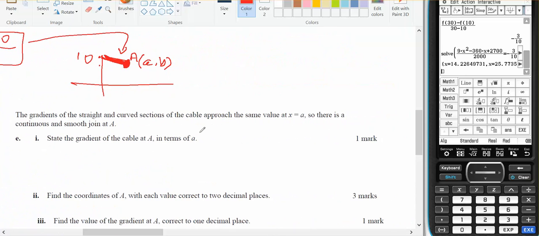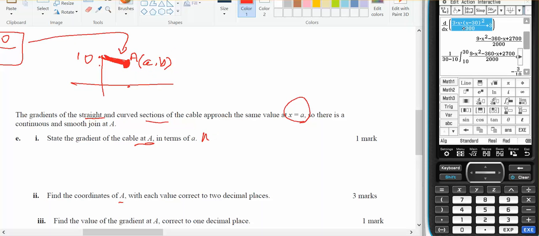And the gradients of the straight and the curve section approach the same value at x equals A. So it's a continuous smooth joint at A. Find the gradient of the cable at A, find the coordinates of point A, and find the gradient at A. Oh, so that's in terms of A. Okay, so the rule for this is going to be this.